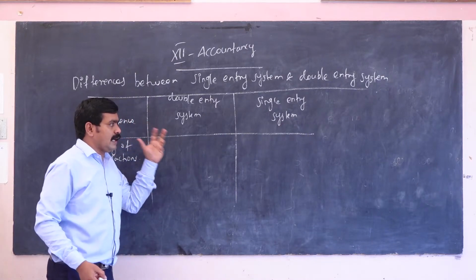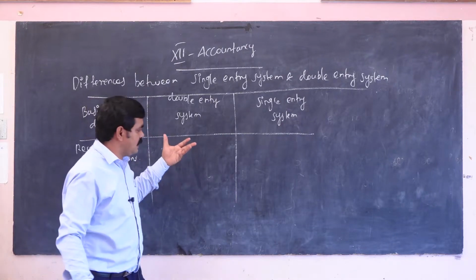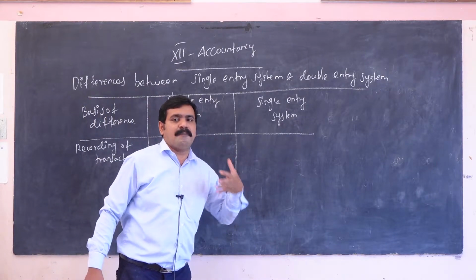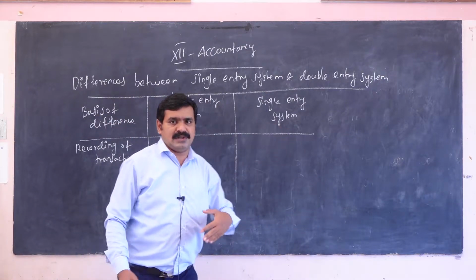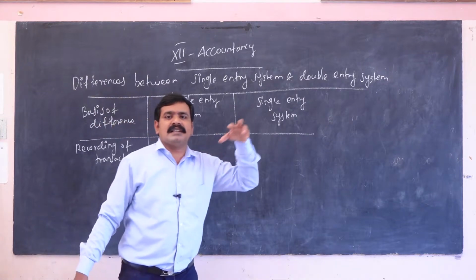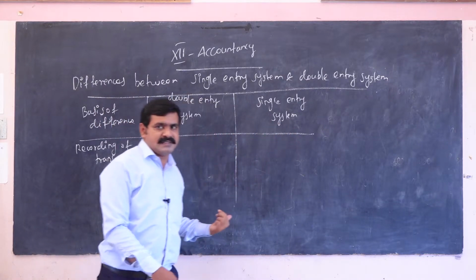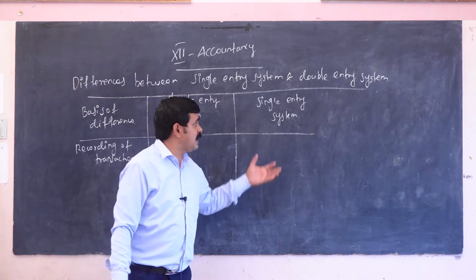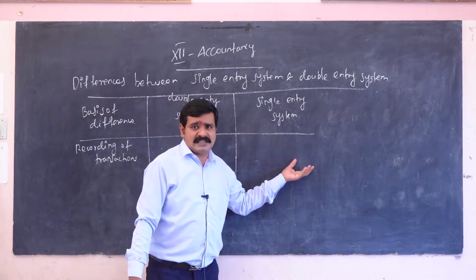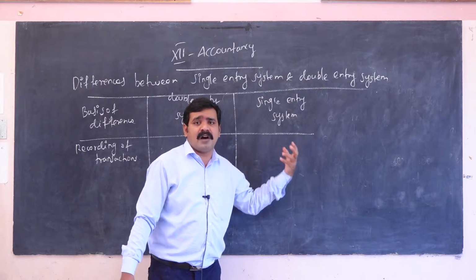All the records, for example, paid rent. Paid rent means rent account to cash account. So the debit side and credit side are both posted in double entry system. Here we have to follow the golden rules. But in single entry there is no such recording; only some of the accounts are followed in these transactions.